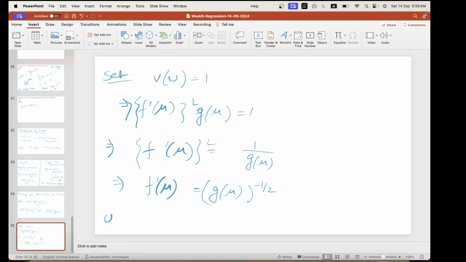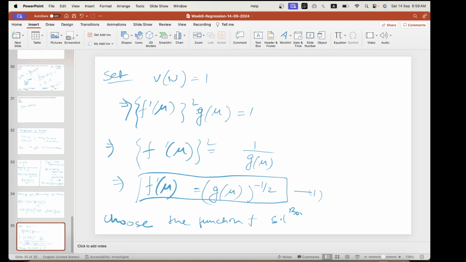So if we can choose the function f such that f prime mu holds equal to g mu to the power minus half, then we would have variance of u equal to 1, that is, the fluctuation in the variances would be stabilized.